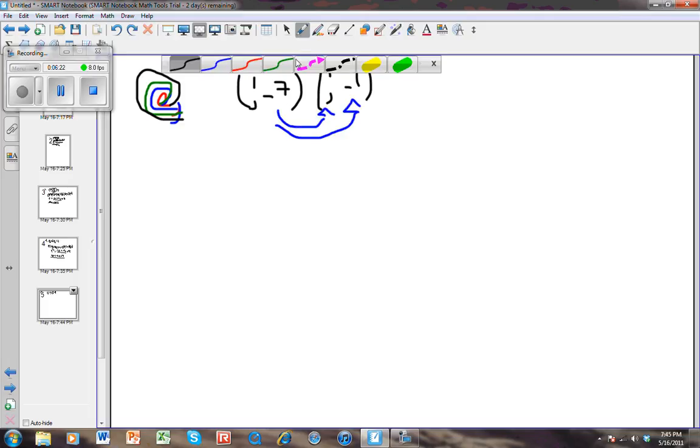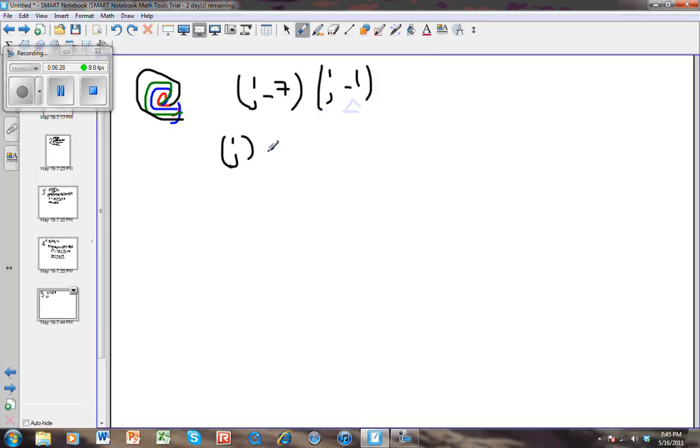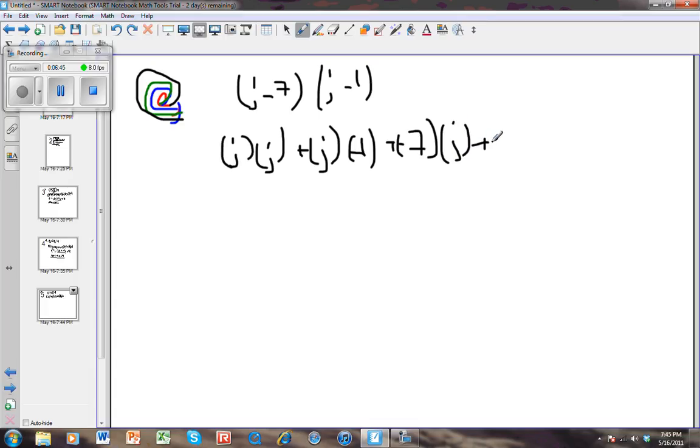Then after we do that, it's going to be j times j, plus j times negative 1, plus negative 7 times j, plus negative 7 times negative 1.